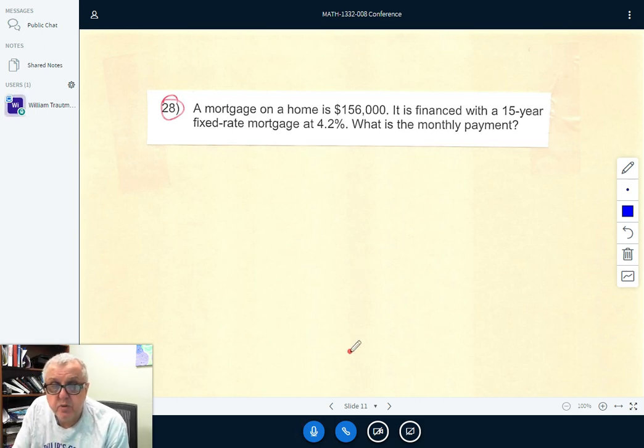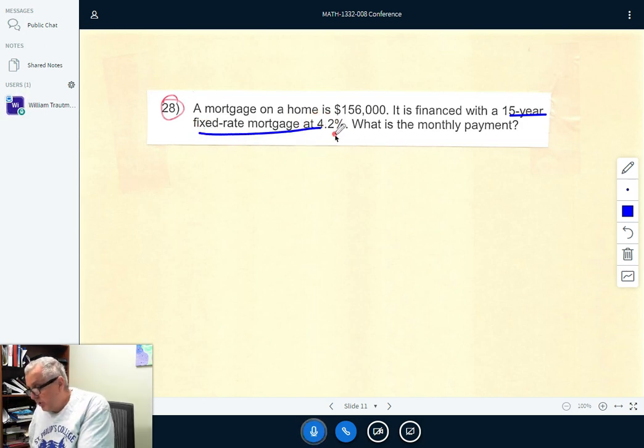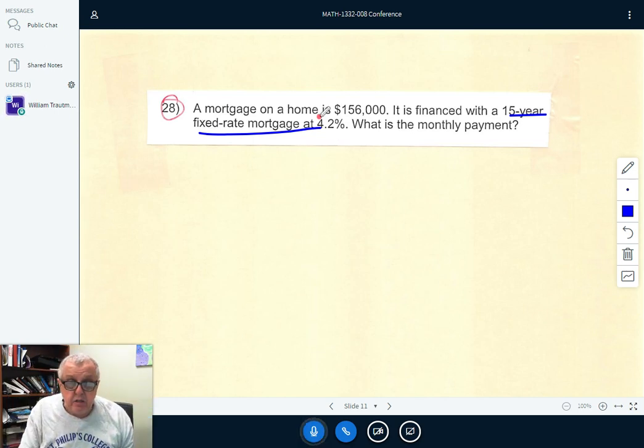All right, number 28. A mortgage on a home is 156,000. It is financed for 15 years. Under this interest rate, what is the monthly payment? So that's the fixed installment loans, right?